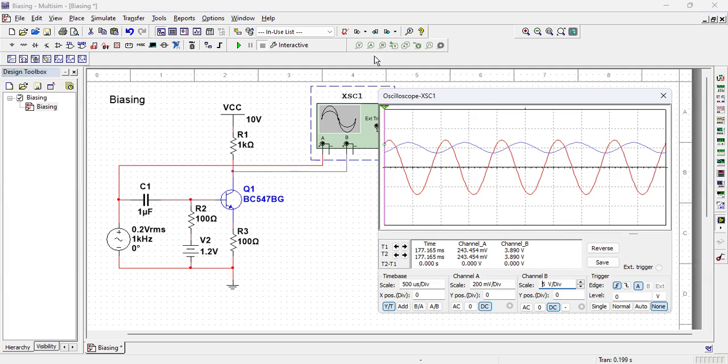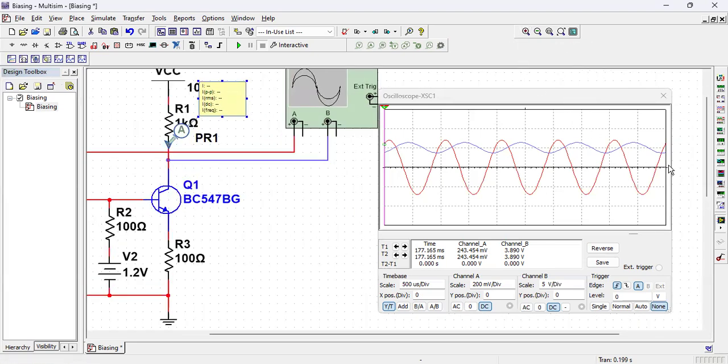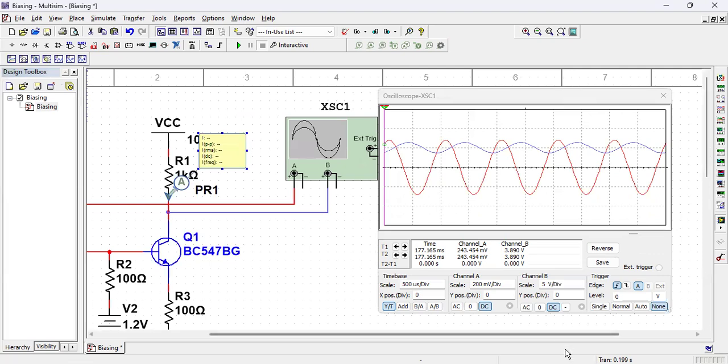Let us put a current probe here. Unfortunately, the display of this probe cannot be zoomed in. Let me see whether I can zoom in. Some zooming in is possible.